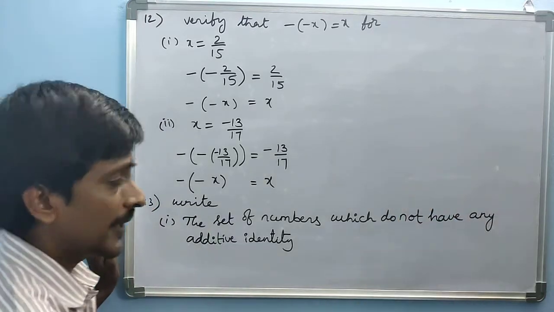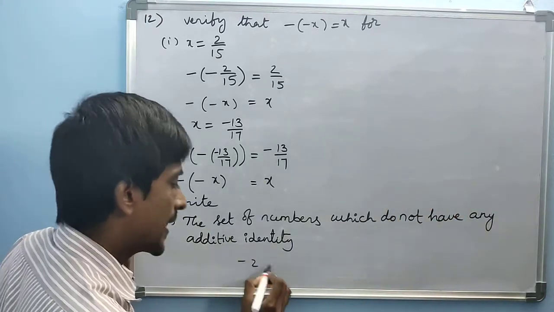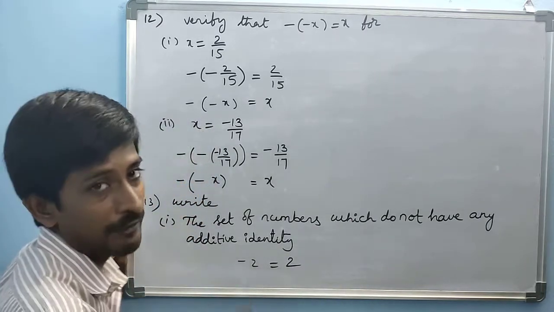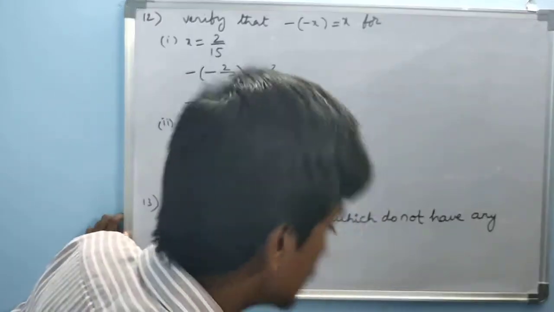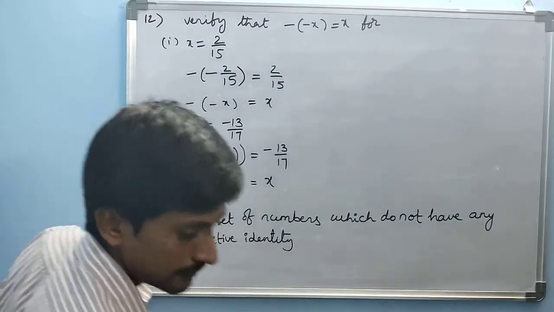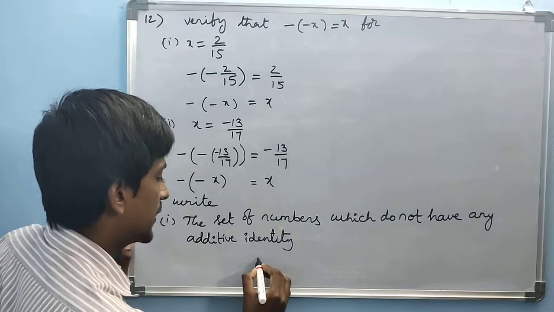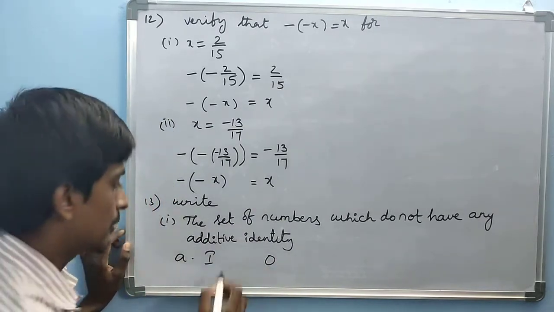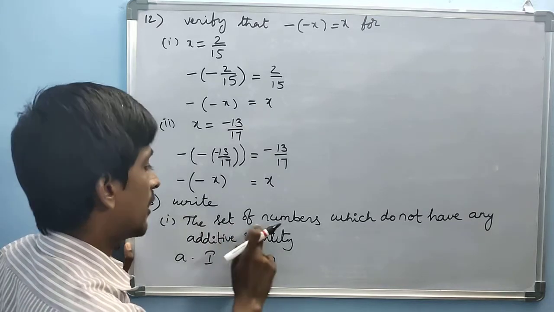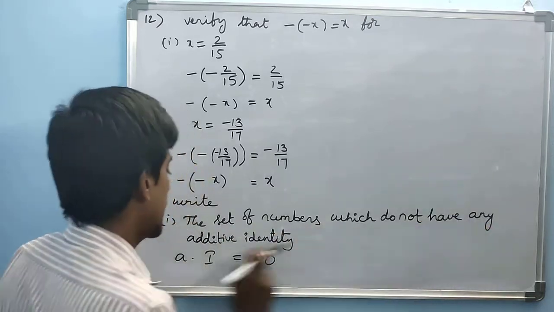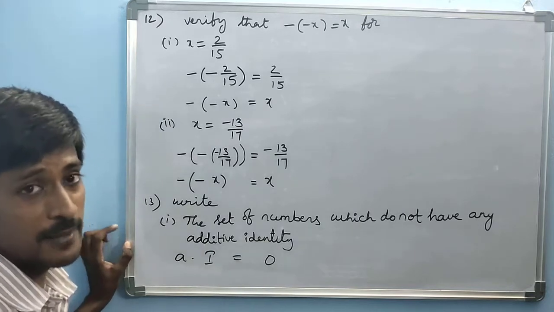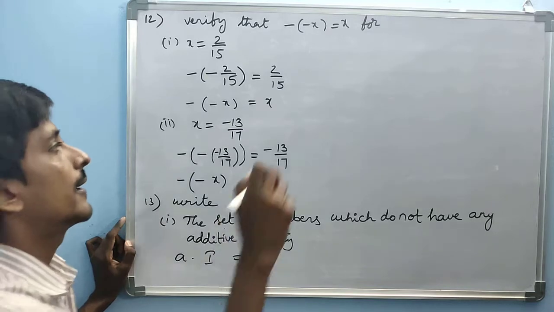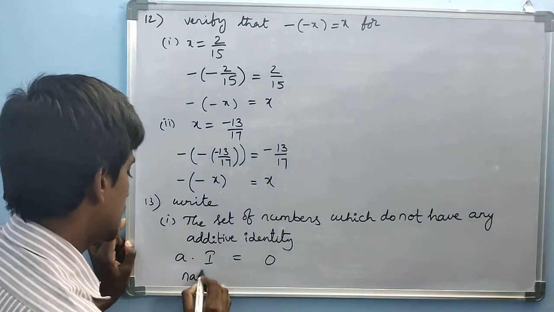Additive identity means, if you give minus 2, the additive inverse is plus 2. So, additive identity is 0. Which set of numbers does not have any additive identity? Natural numbers.